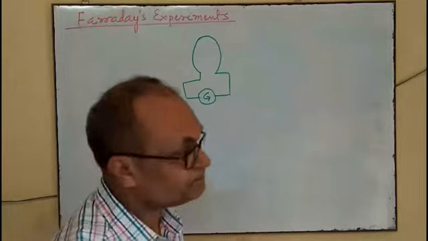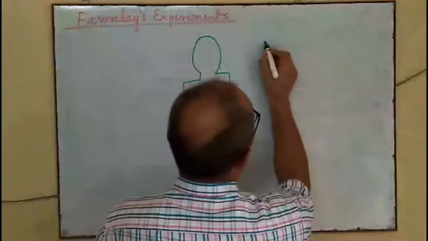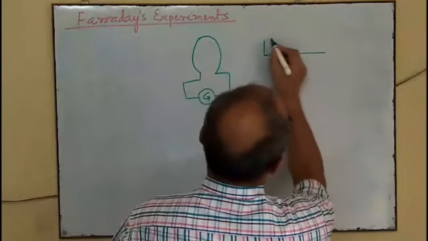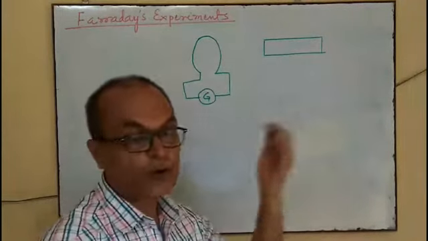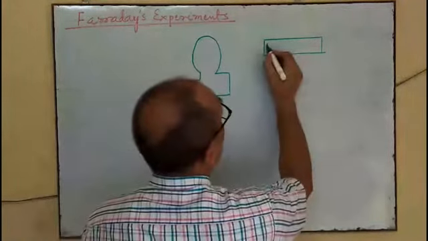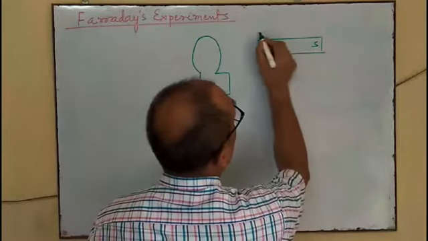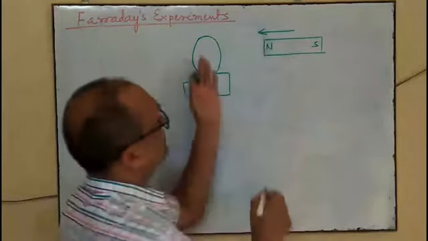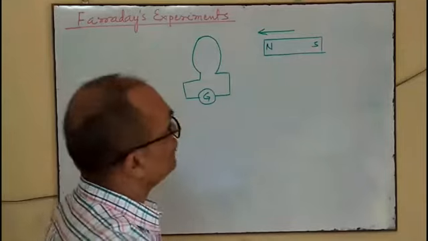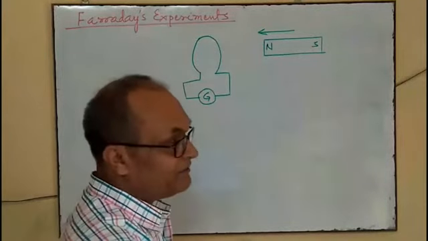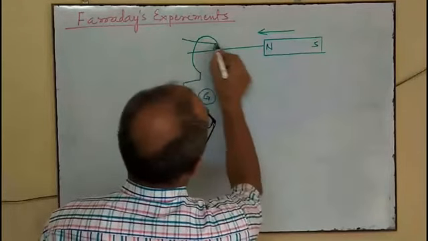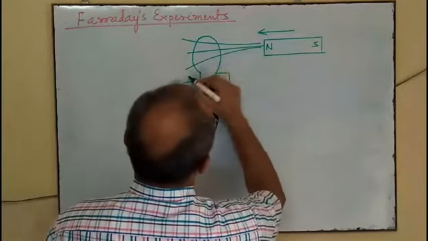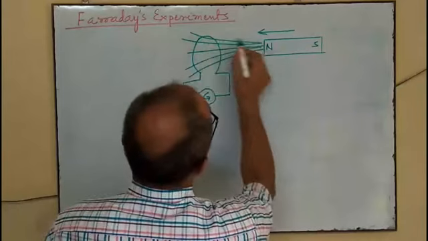We will see when a bar magnet is brought towards this coil, the magnetic field lines pass through this coil in this direction.